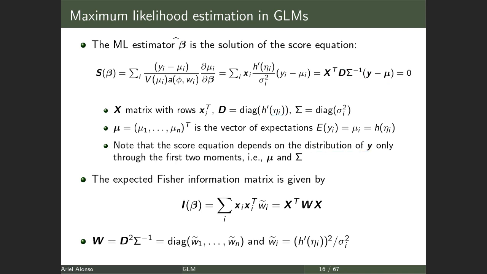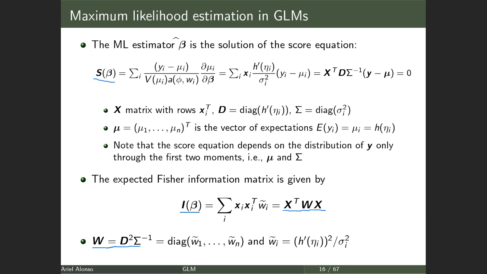And well, you can also calculate the Fisher information matrix. It is just again calculating the second derivative of the log likelihood, or if you want, the first derivative of the score function. And you can see that the Fisher information matrix is given here, where W is this matrix over here based on D and sigma squared.